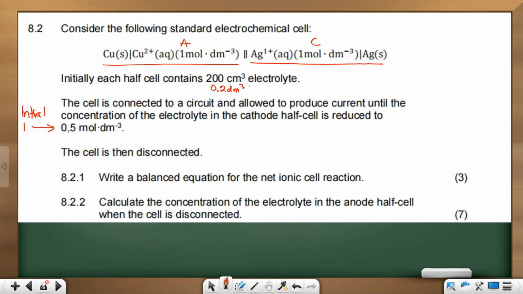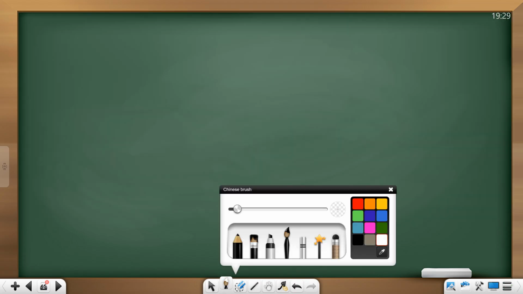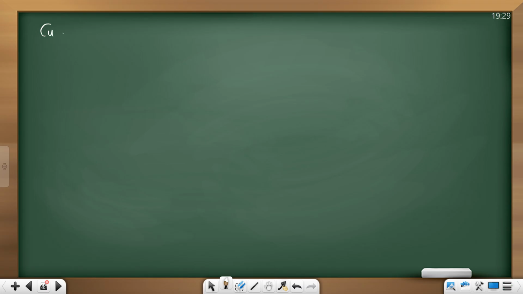I think that one is quite straightforward, but let's get those 3 marks. It's copper and silver. At the anode, we have Cu giving us Cu2+ plus 2e. And here we have Ag+. What do you do here to balance?